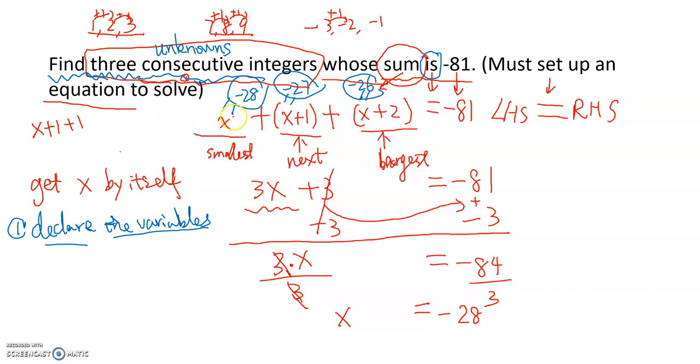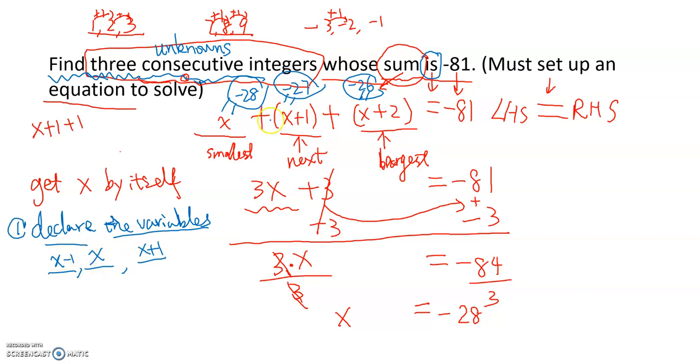What I did is to make the first x, the next will be x plus 1, the next will be x plus 2. There are different ways you can do it. For example, if you make the one in the middle, the second number, x, the one right before it should be x minus 1, and the one after it will be x plus 1. And that will also work.